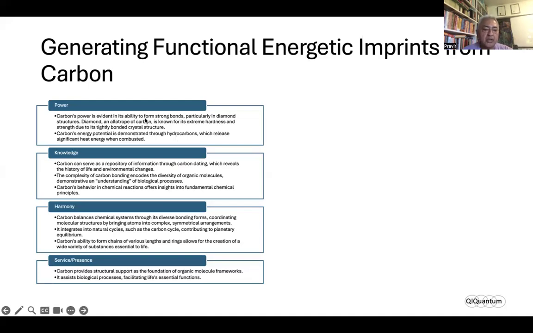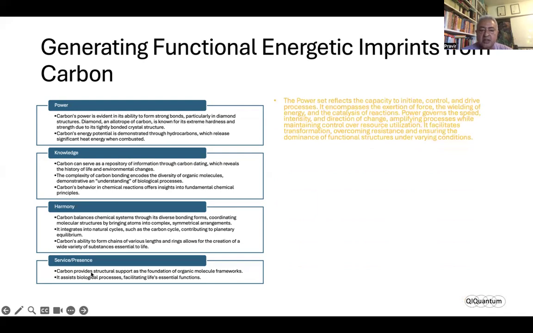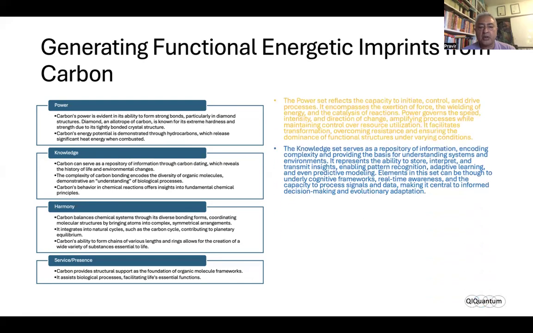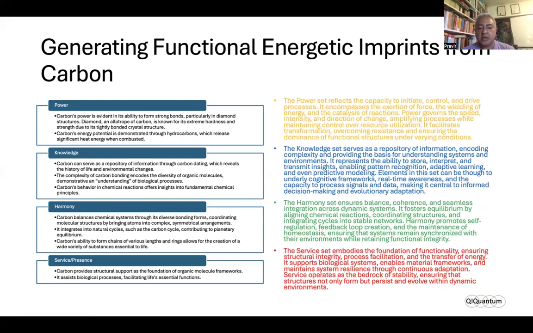And here, what I've done is I've taken the different properties of carbon and categorized them by four broad sets that I call power, knowledge, harmony, and service/presence. And then just generalizing that, assuming we have a large number of elements with many different energetic properties, we can create a much larger set of power, knowledge, harmony, and service/presence that has these different imprints that are part of its elements.